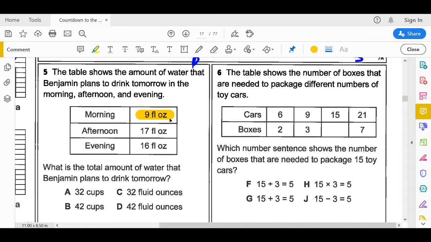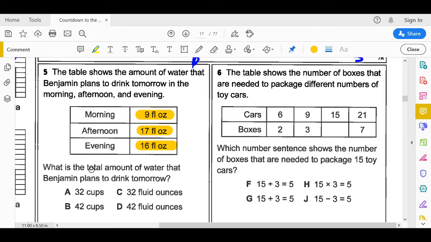So this abbreviation means fluid ounces. That is a measure that we use for liquids. That's why it's called fluid. Something fluid is liquid. Okay, fluid ounces. In the afternoon, 17 fluid ounces, and in the evening, 16 fluid ounces. They're giving us those 3 numbers for morning, afternoon, and evening.